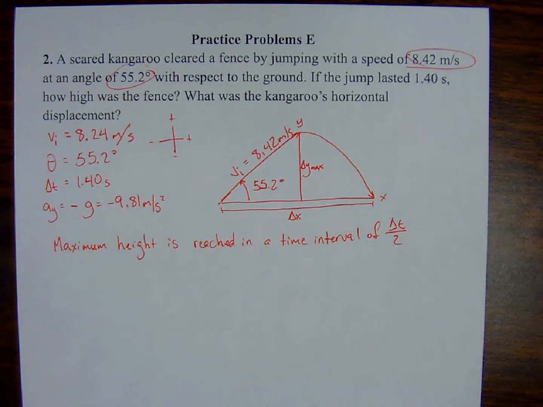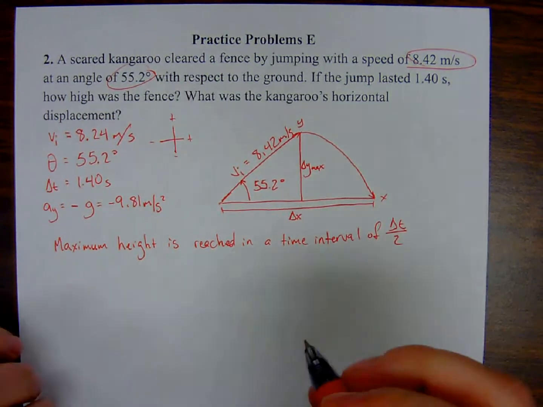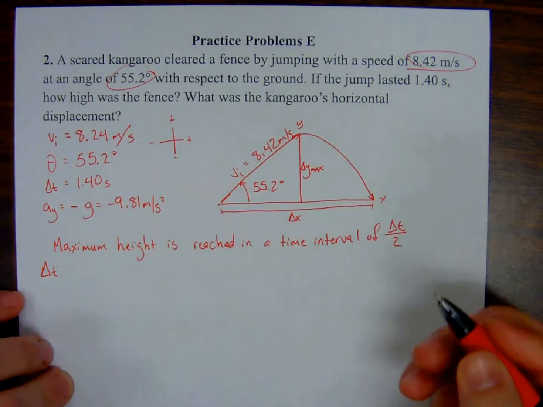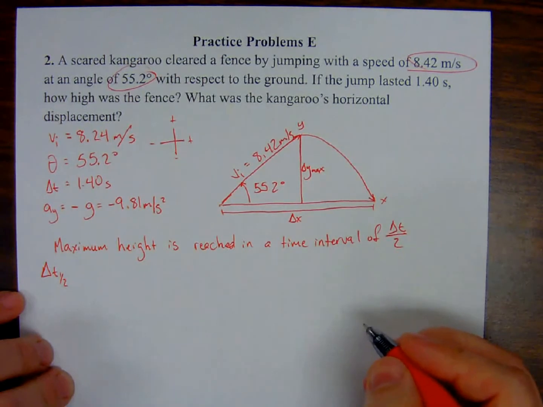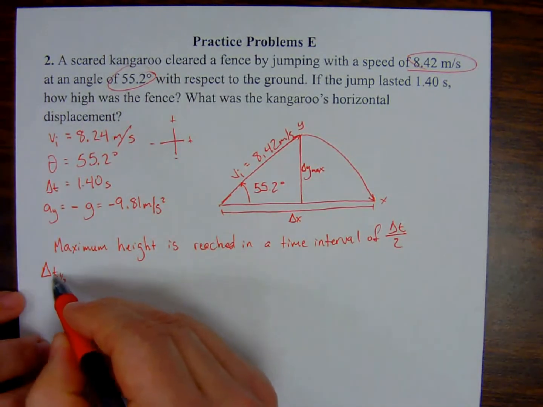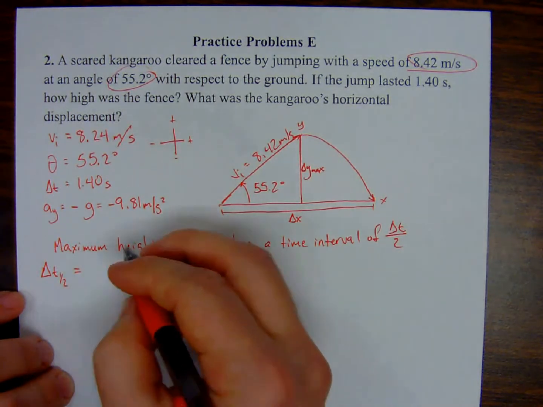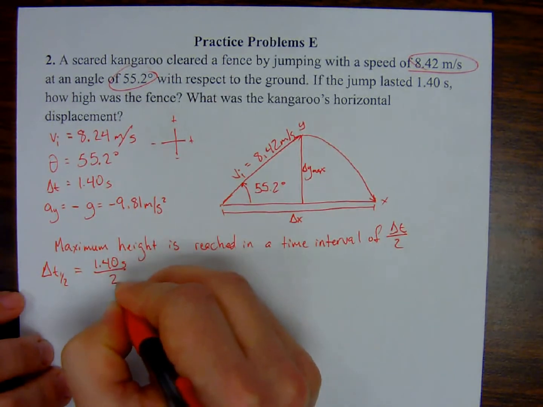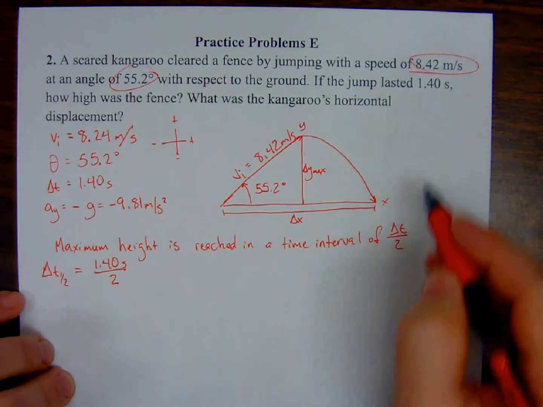So the value for delta t that I'm going to use is delta t half. It's half the time. It's 1.40 seconds divided by 2, total time divided by 2, and that ends up being, since I want to use 3 sig figs, 0.700 seconds.